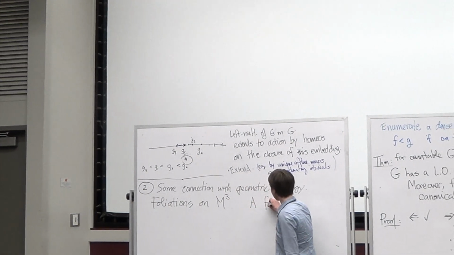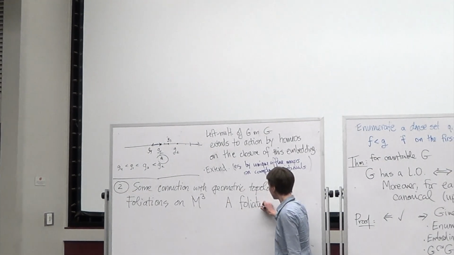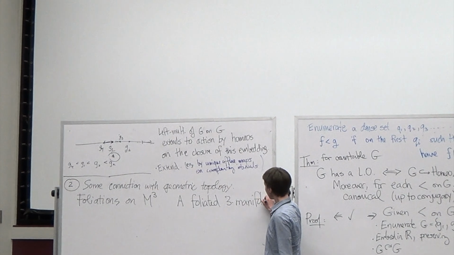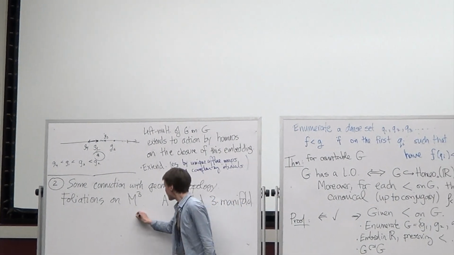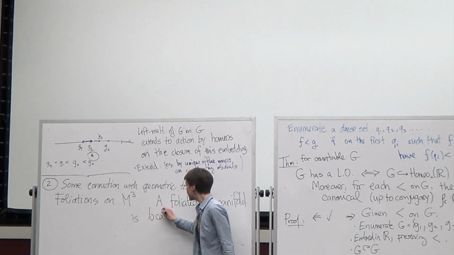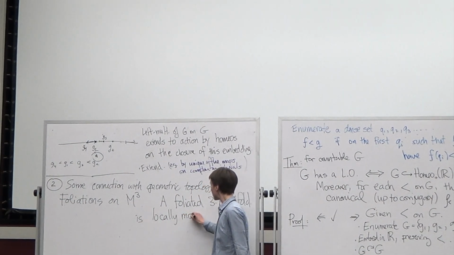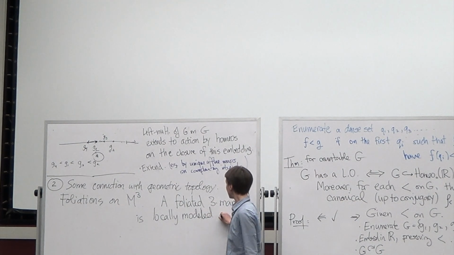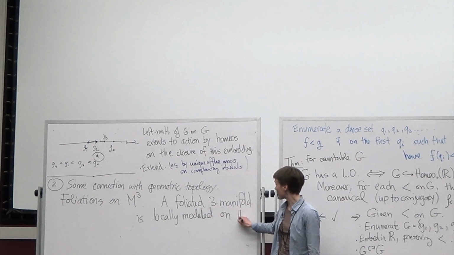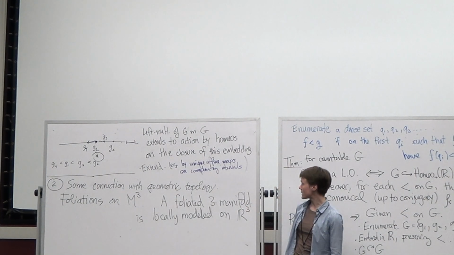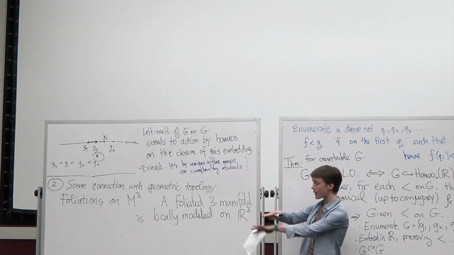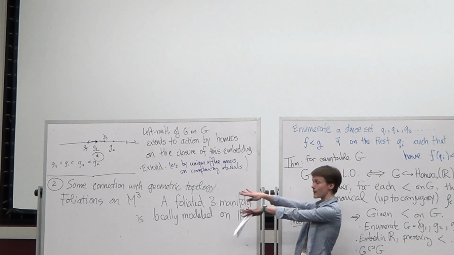A foliated three-manifold is a space that is locally modeled on, so a three-manifold is locally modeled on R3. You have nice little charts. A foliated three-manifold is locally modeled on R3 with its horizontal planes.